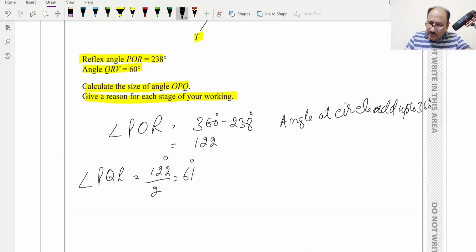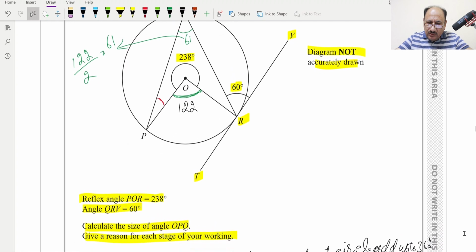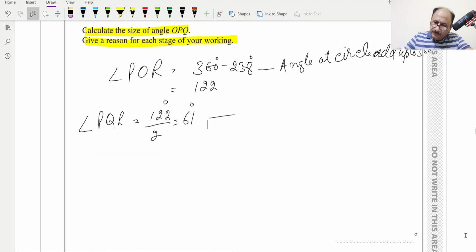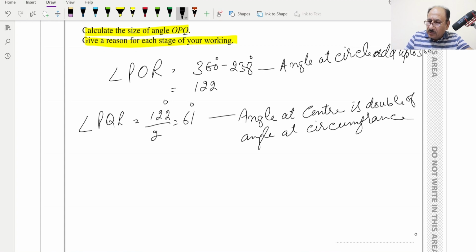degrees. And the reason for this one will be angle subtended to the center is double of angle at the circumference.